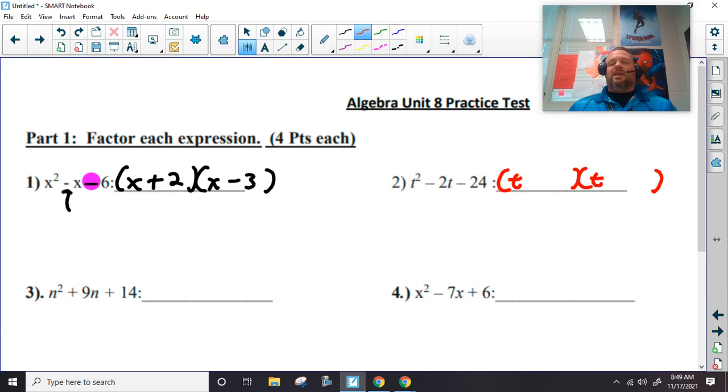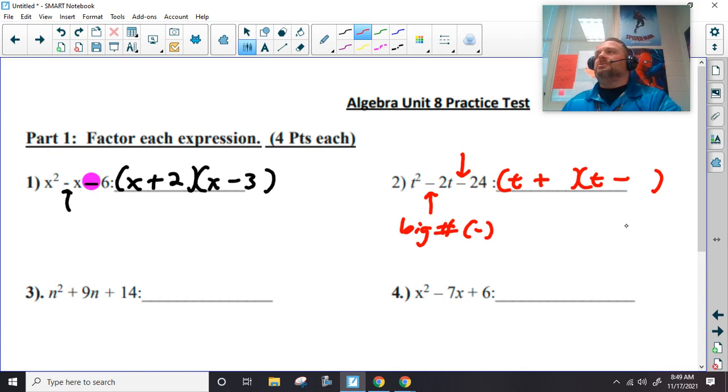So, this tells us our signs are different. This tells us what? Yeah, bigger number negative.